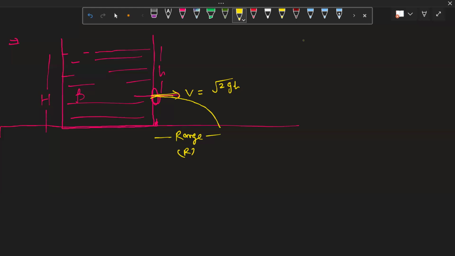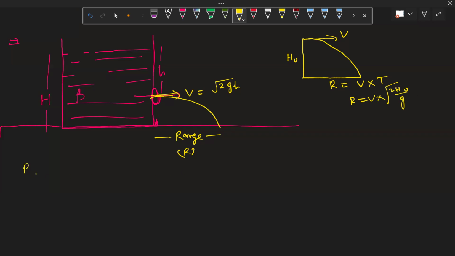We know that in a horizontal projectile, if any body is thrown horizontally from some height, let's suppose h naught, with a speed v, then it falls on the ground like this. The range is the speed multiplied by the time of flight, and time of flight depends on the height: if the height is h naught, it is under root 2 h naught by g.